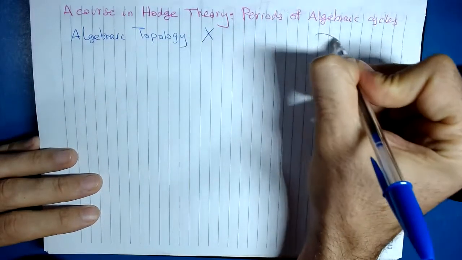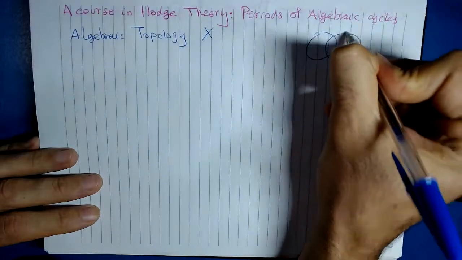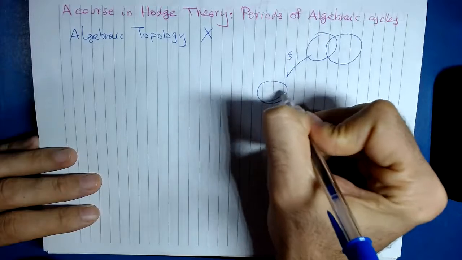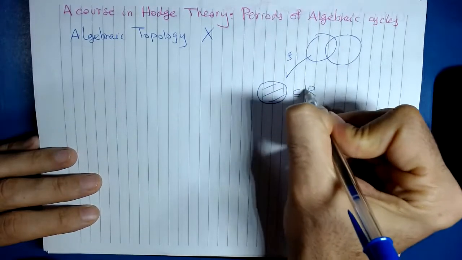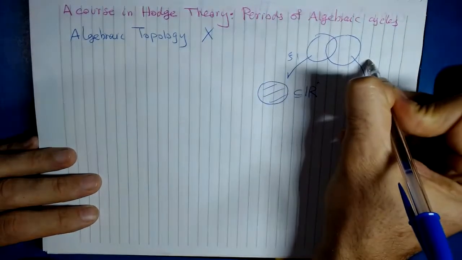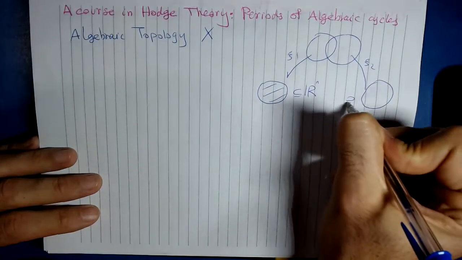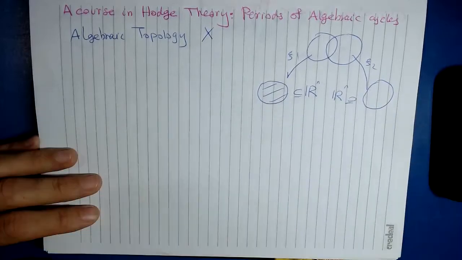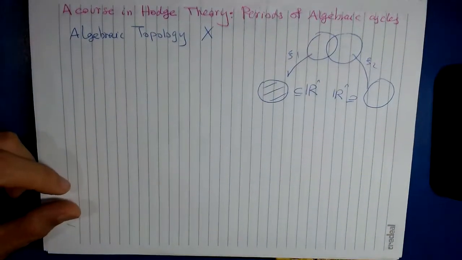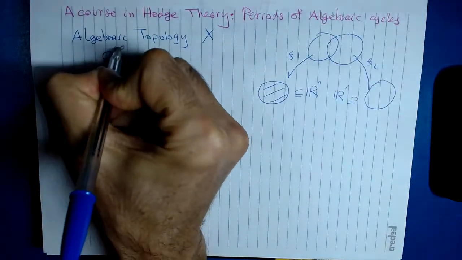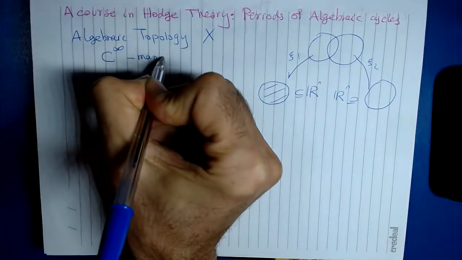X, by charts. So let's say zeta1 going to some open set in R^n, then another chart zeta2 going to another open set again in R^n. And so we build the concept of a C infinity manifold.